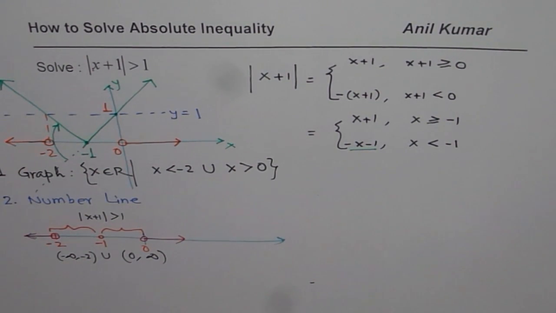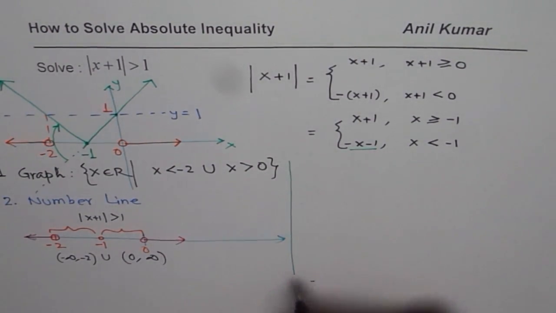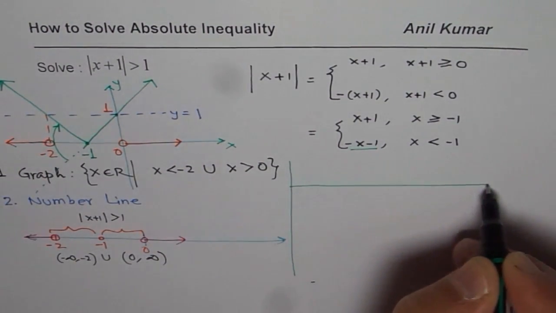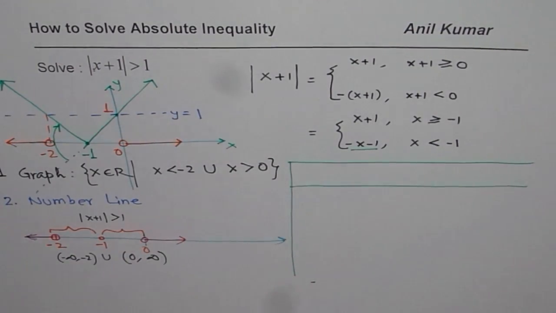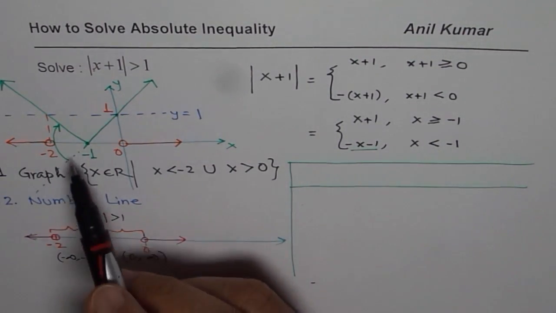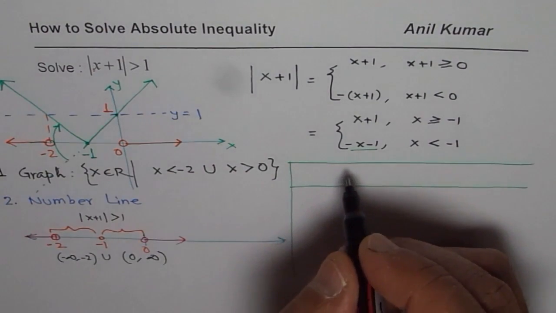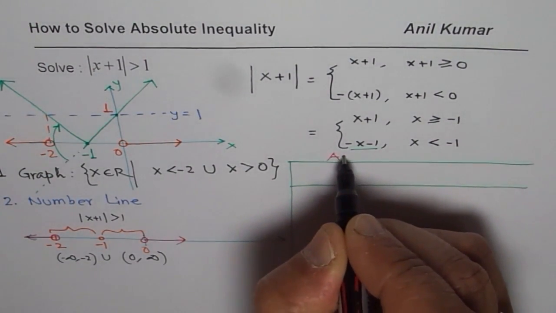The third method which we are going to discuss now is the algebraic method, right? So in the algebraic method, what we do here is that we divide the interval into two portions as per the definition.